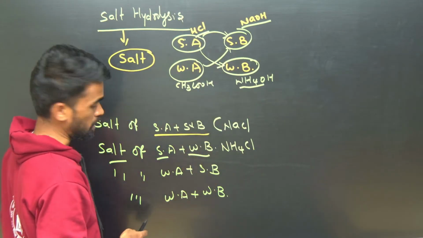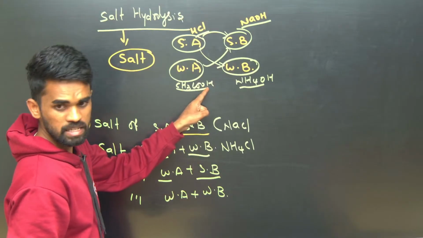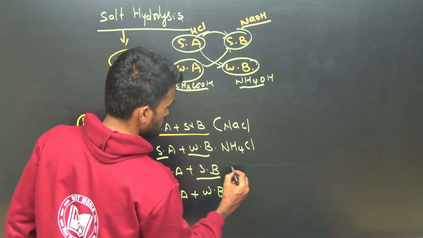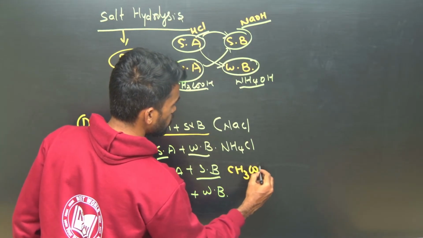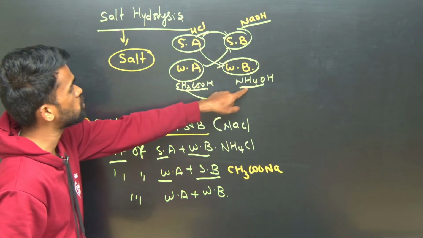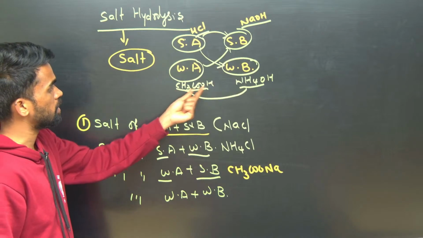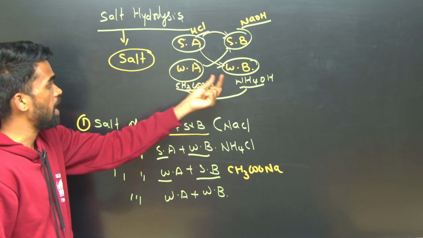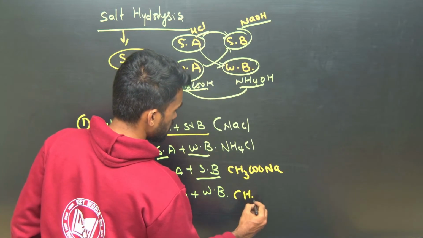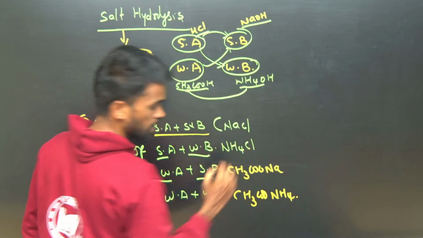Okay, this is an example. Next, weak acid plus strong base: acetic acid plus NaOH gives sodium acetate, CH3COONa. And for this example, mix these 2 things, ammonium acetate, anion from here, cation from here, CH3COO minus NH4 plus, like this we will get.